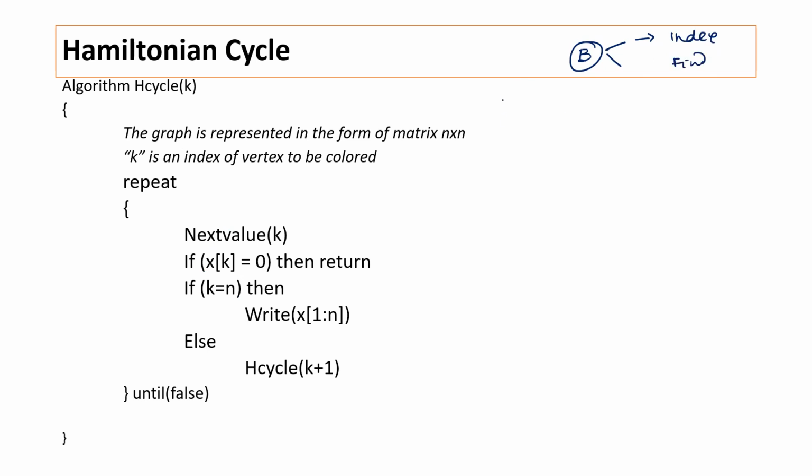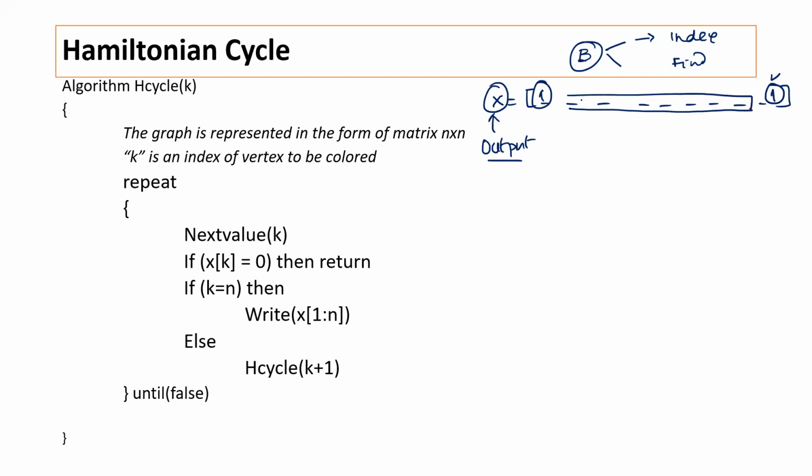We are trying to create an array X, which will have some vertex as the starting vertex, and we will travel through all intermediate vertices and end back at the start. So this is the output array, represented by variable X, and it will have one vertex as the start, the same vertex as the end, and all the intermediate vertices will be the remaining vertices of the graph.